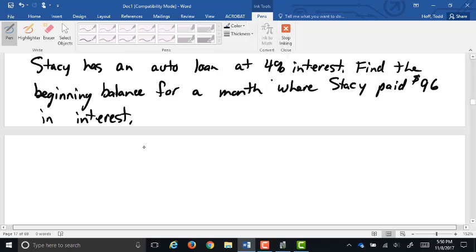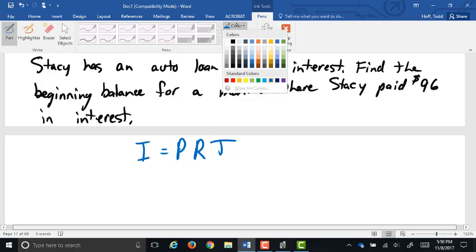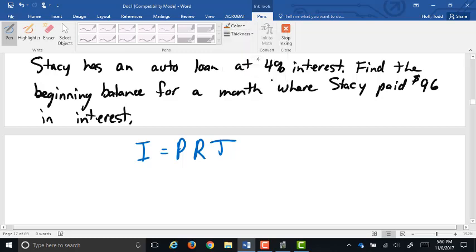So our formula, interest was principal times rate times time. All we've done so far was find the interest. But in this case, $96 is the interest. We know the interest. We know I.